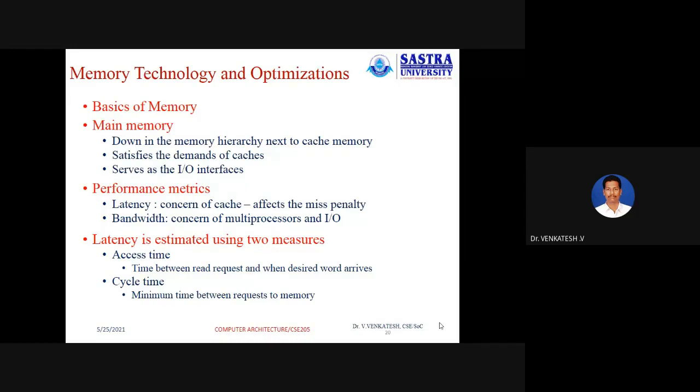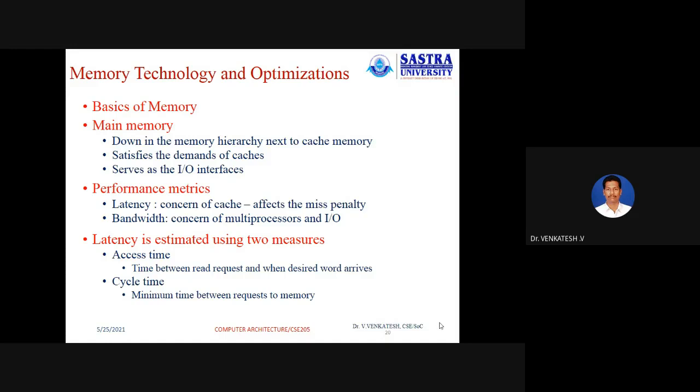Okay, so coming to the main memory, down in the memory hierarchy next to the cache memory. It will satisfy the demands of the cache. For example, if the data is not available in the cache, immediately the processor will check with the main memory. If a cache miss occurs, there will be a miss penalty, and in that case we get the data from the main memory. That is why we say it satisfies the demands of the cache memory.